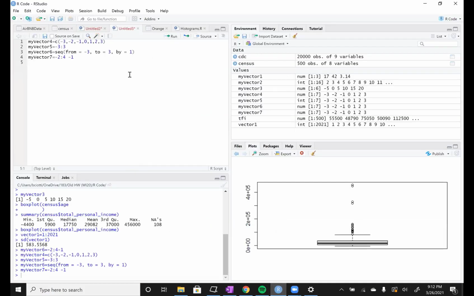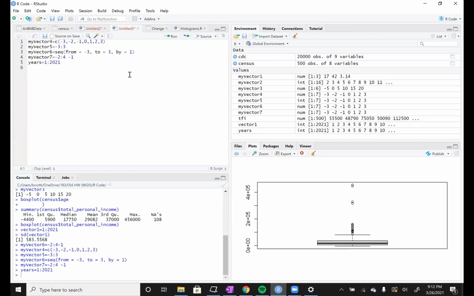So let's see. Let's call this vector years. And years is going to be the sequence of integers from 1 to 2021. Okay. And I want the standard deviation of that sequence of integers.